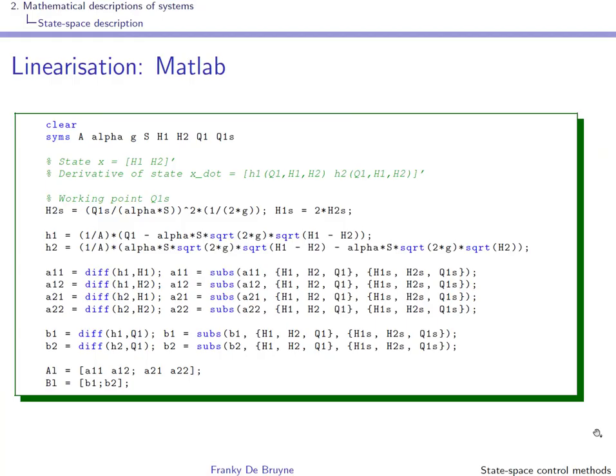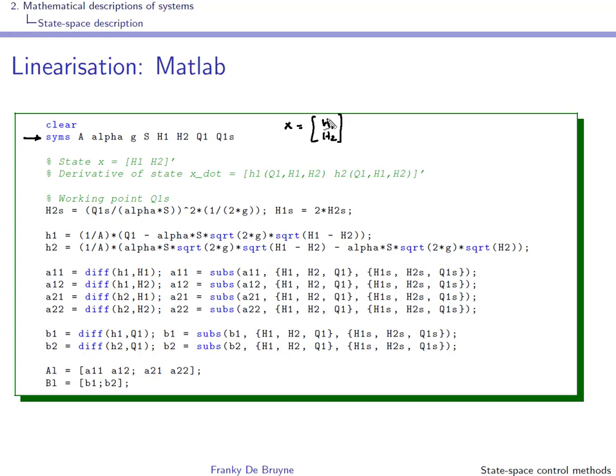So it is also possible to obtain the matrices A and B symbolically using the MATLAB symbolic toolbox. For that you have to define all variables symbolically. So remember that X, the state, is H1, H2, right?